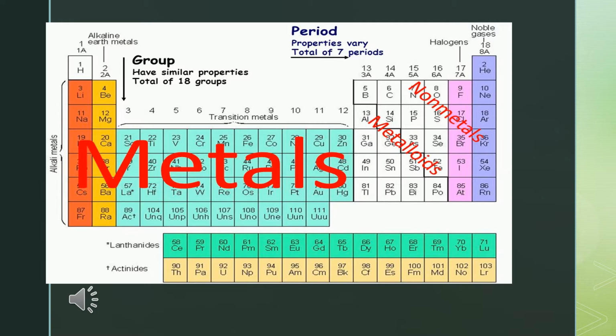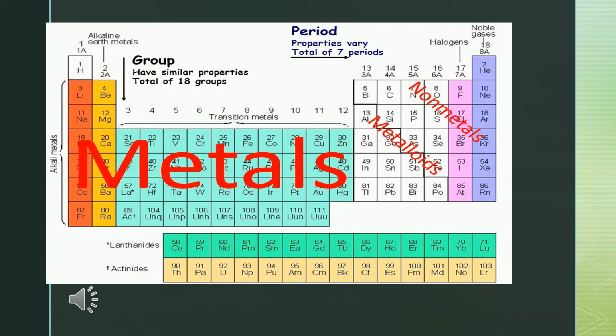For example, the alkali metals include lithium, sodium, potassium, etc. Then in group 2 there are the alkaline earth metals, which include beryllium, magnesium, calcium, etc. Group 3 has aluminum, the most abundant metal in the earth's crust.